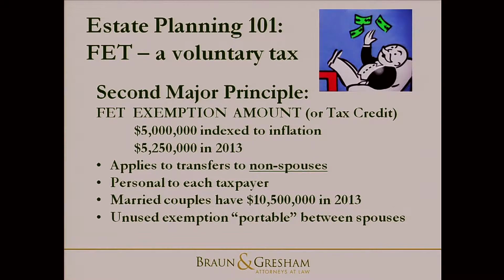So this exemption amount is personal to the individual. It applies to transfers to non-spouses, because remember, between spouses, there's the unlimited marital deduction. So if you put both married couple, both husband and wife together, they can pass a total of $10,500,000 in 2013. Again, that amount will increase slightly.